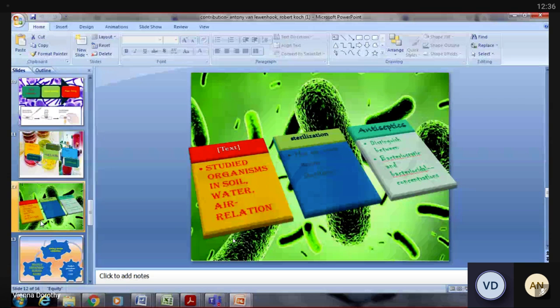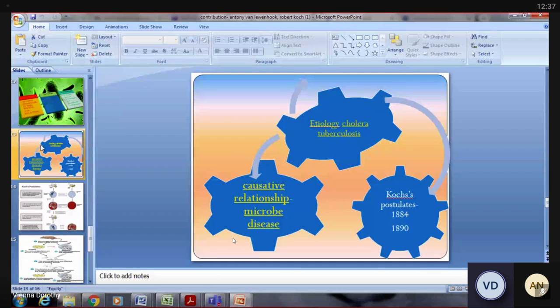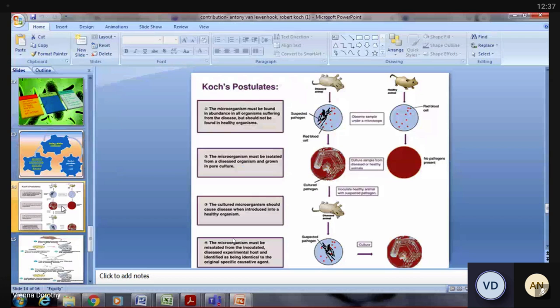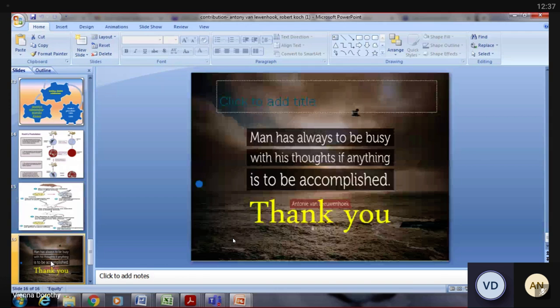He told us about the instruments that can be used for sterilization, and also what is bactericidal, bacteriostatic, and when bacteriostatic can become bactericidal. Then he also told about the germ theory of disease, taking cholera and tuberculosis as examples. He gave postulates, that is called Koch's postulates. We studied about those Koch's postulates. So that is what we had studied in today's class.